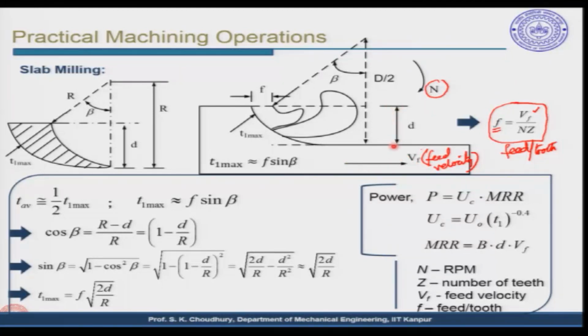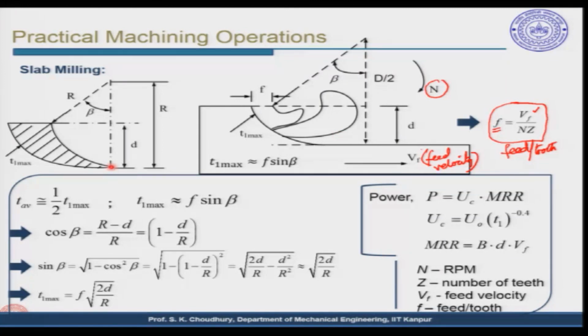This is the depth of cut, this much material has been removed. D by 2 is the radius of the milling cutter, the diameter being D, and this defines the T1 maximum. T1 maximum is important because if you look at the chip, this is one chip removed by one tooth of the milling cutter.